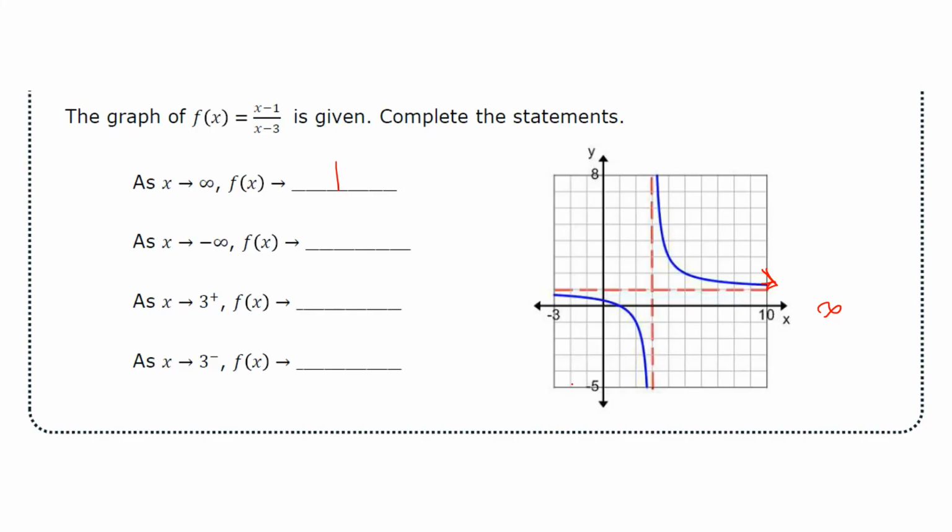As x is approaching negative infinity, our y or f of x is also approaching 1. Now, as x is approaching 3, that's our vertical asymptote, from the right-hand side, f of x is approaching infinity. And as x is approaching 3 from the left-hand side, f of x is approaching negative infinity. So it's going this way.